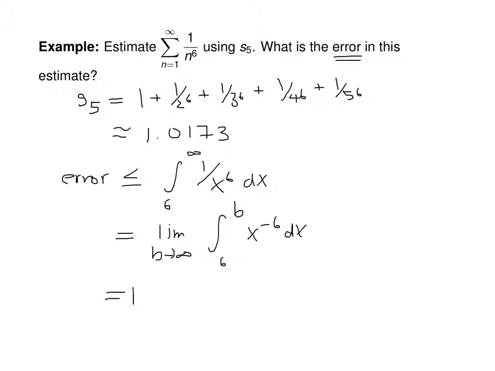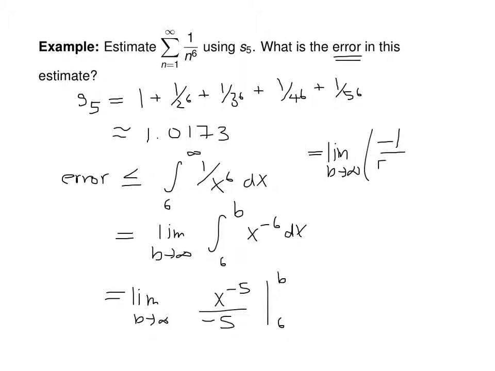So that will be the limit as b goes to infinity, x to the negative 5th over negative 5, evaluated from 6 to b, which is the limit as b goes to infinity of negative 1 over 5b to the 5th plus 1 over 5 times 6 to the 5th.